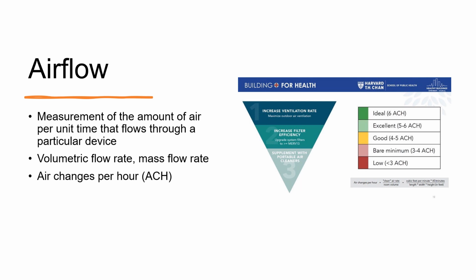In this talk, they were proposing that the ideal amount of air changes per hour would be 6, and a low rate of air changes per hour would be less than 3. So when you're designing a building, perhaps for a hospital or maybe some manufacturing facility, you should be aiming for at least 6 air changes per hour.